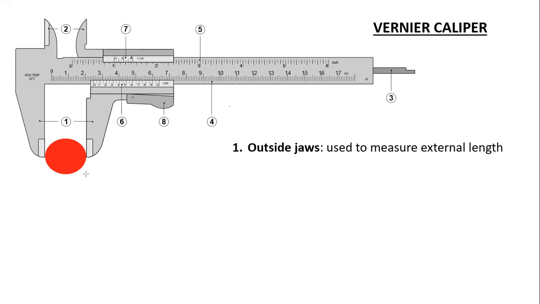That is your first case. So outside jaws can be used to get the diameter of circular objects like a sphere, which I have just drawn over there.